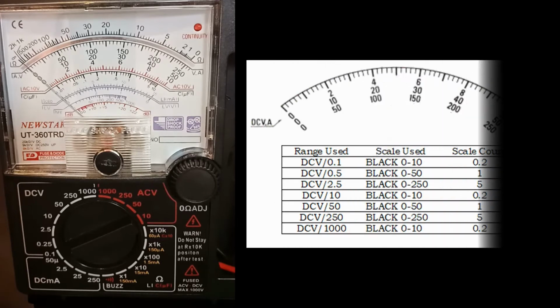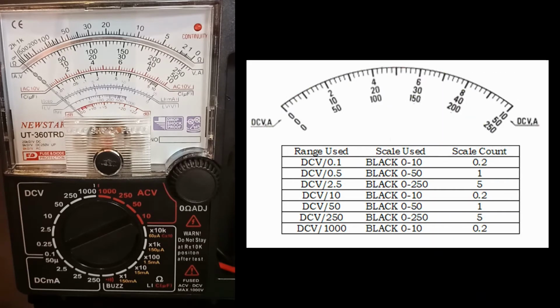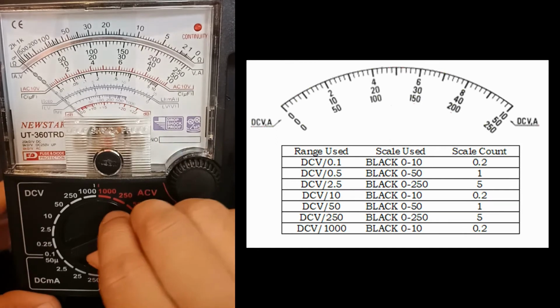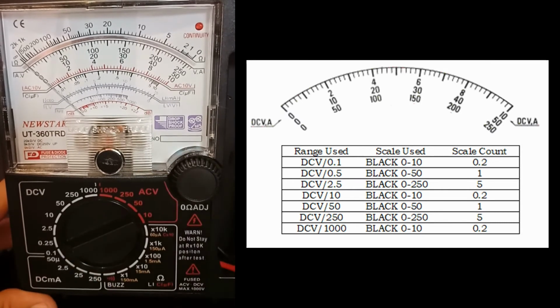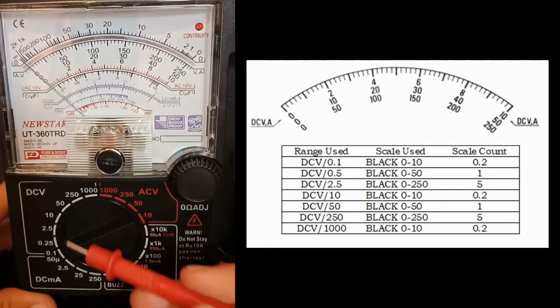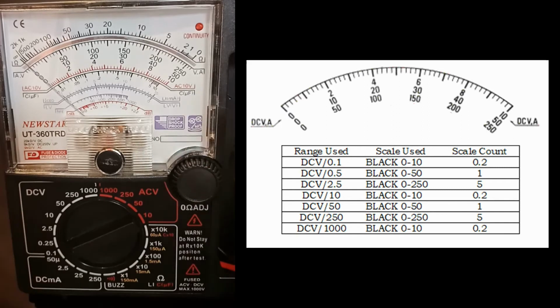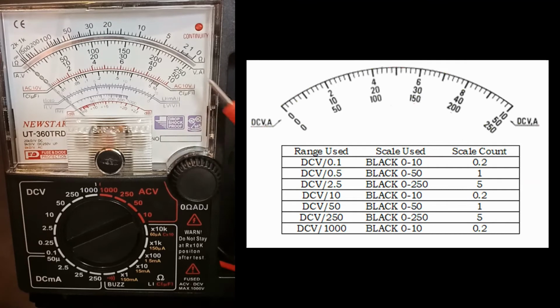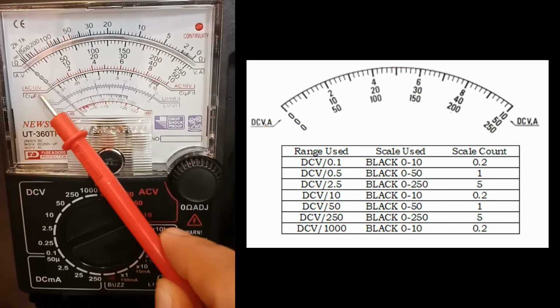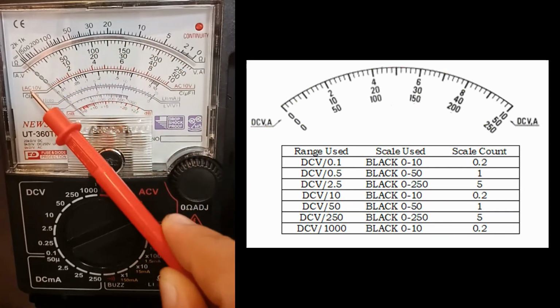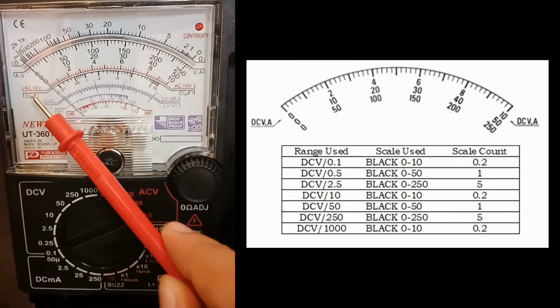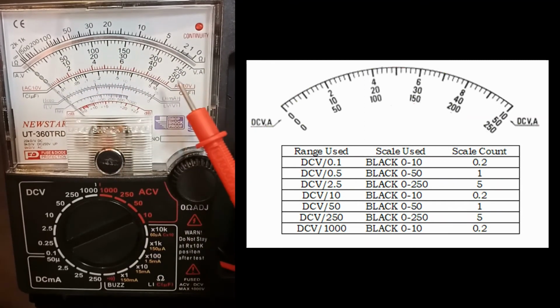This is how to identify the scale in direct current voltage reading in an analog multimeter. For example, we set the range to 0.1. The next step is to identify the scale. This is the scale that we are going to use in DC voltage reading.